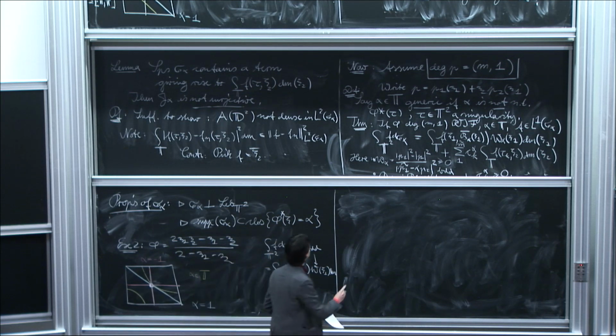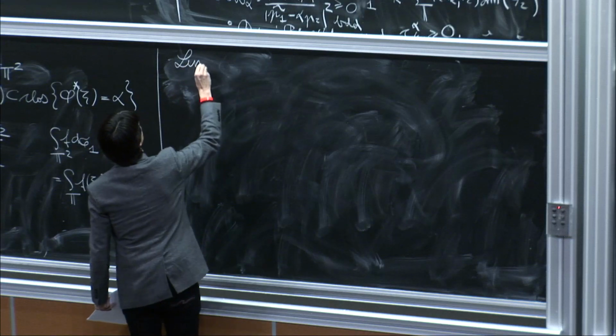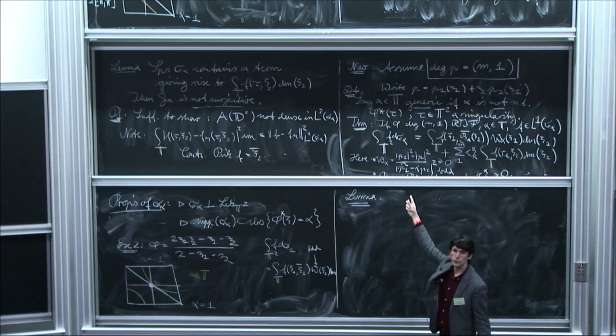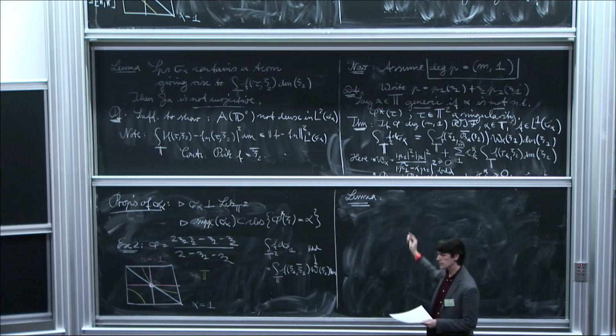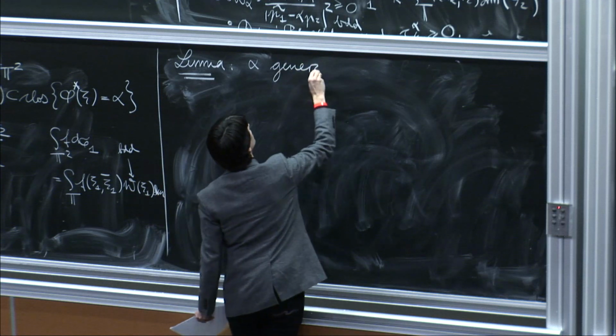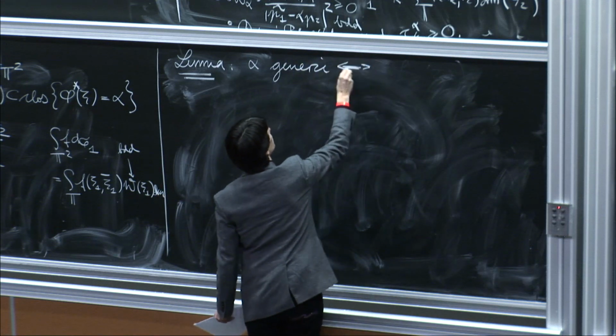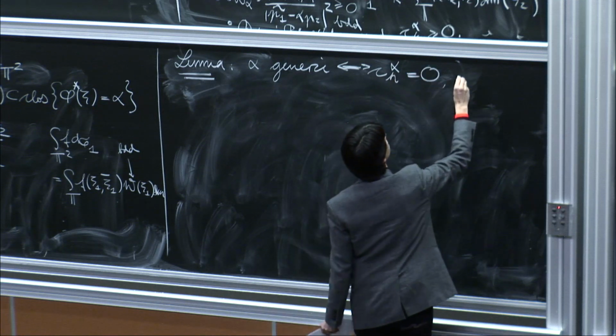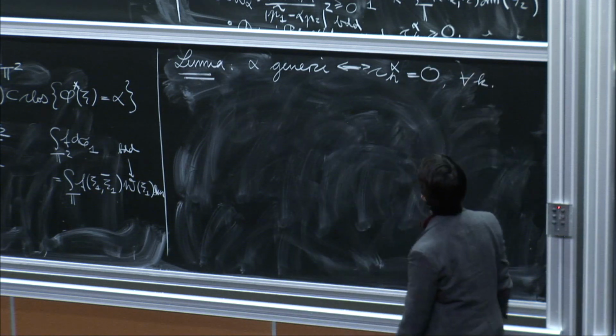But let me formulate the next lemma. So this is, again, assuming that we're in the degree (1,1) case. So alpha is generic if and only if all of these c_k are 0.